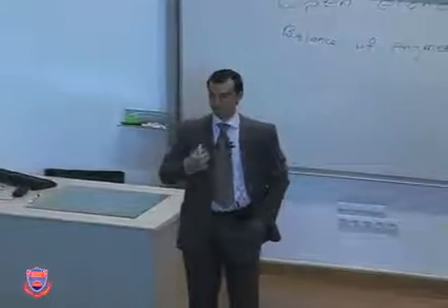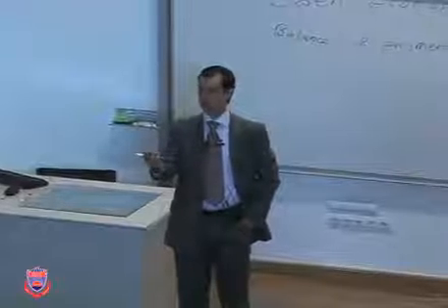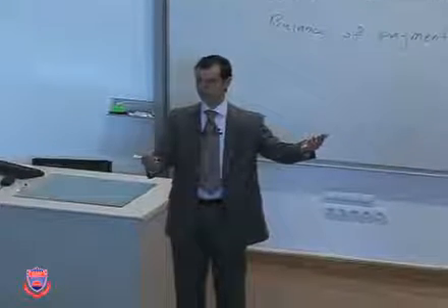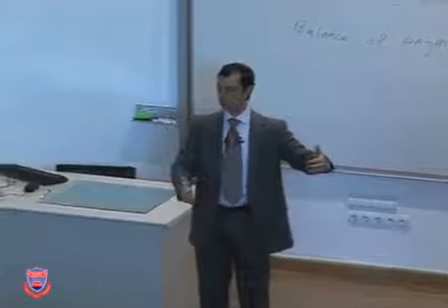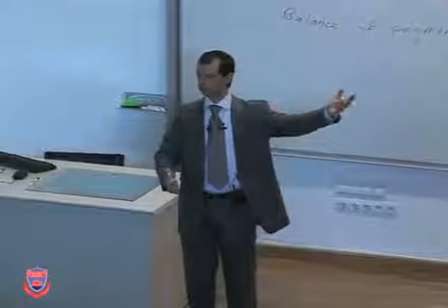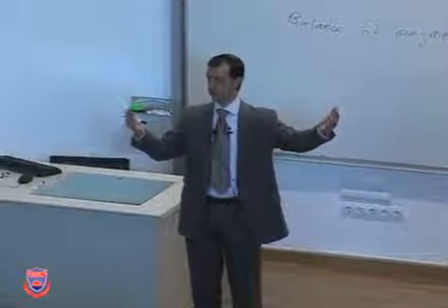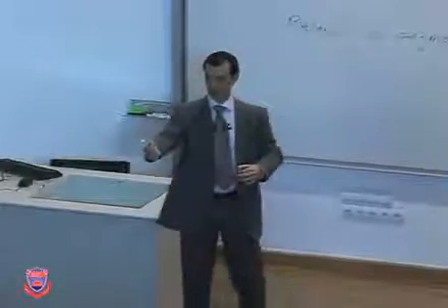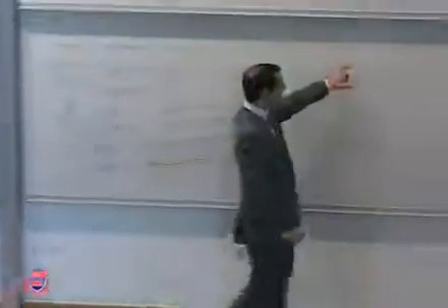If I borrow from the bank, my balance sheet says cash on one side, right? But it also says debt to the bank, right? Or the bank's balance sheet has a loan to me. That's a transaction. I have to have something similar here.